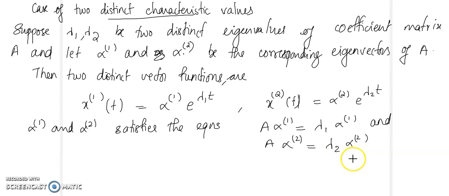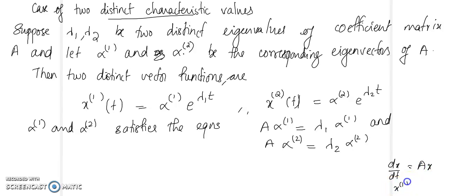Now when we find the solution, we have got x1 and x2, and x1 and x2 should be solutions. Our aim is to solve the equation dx by dt equal to Ax.